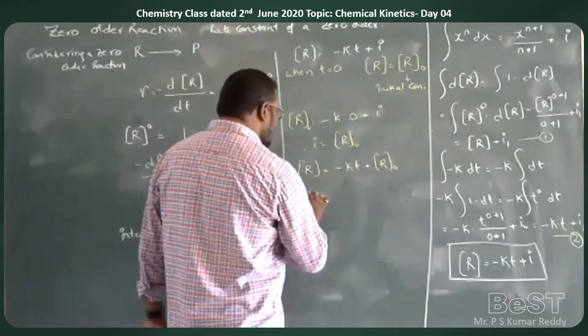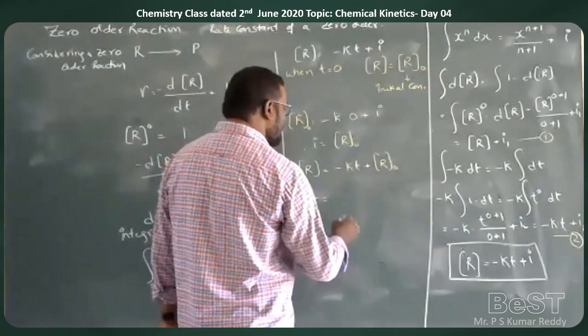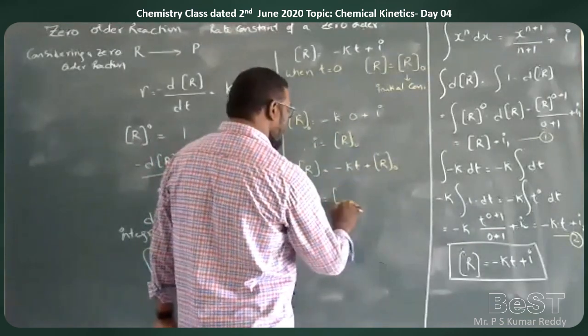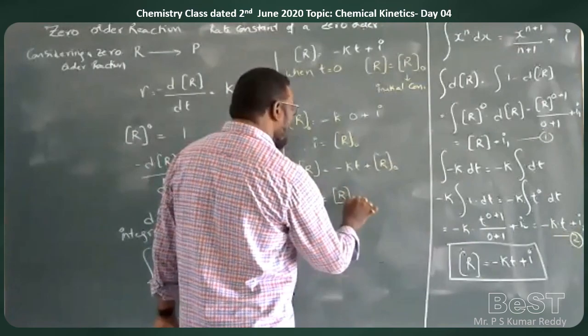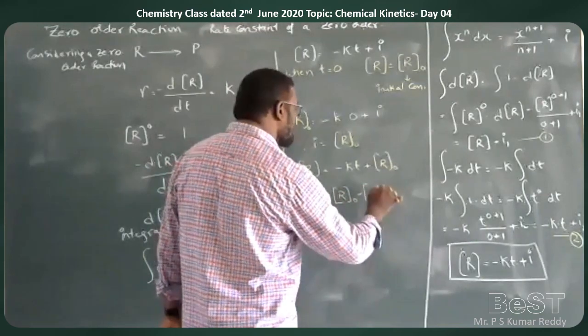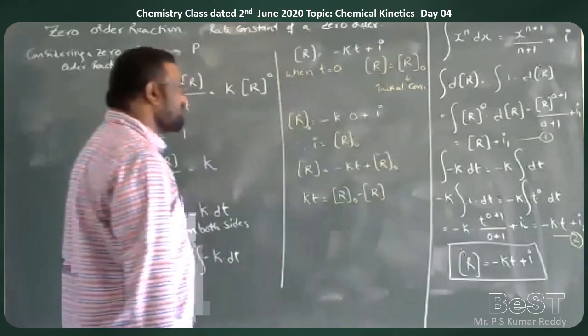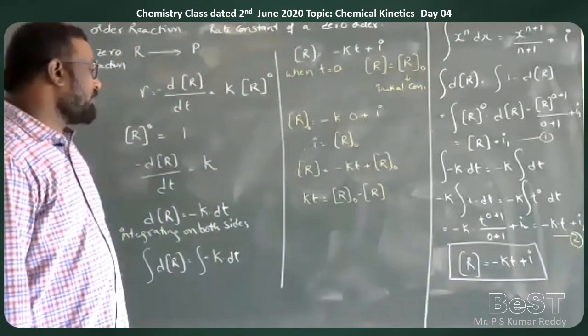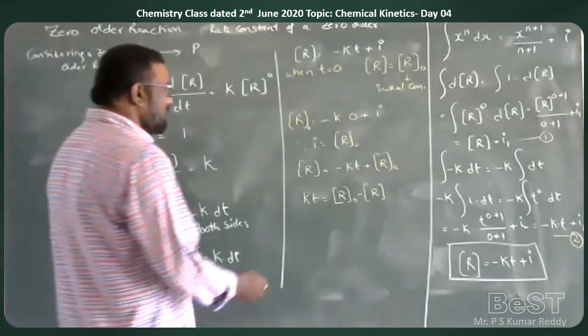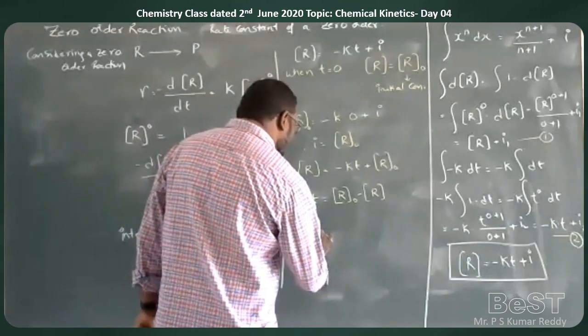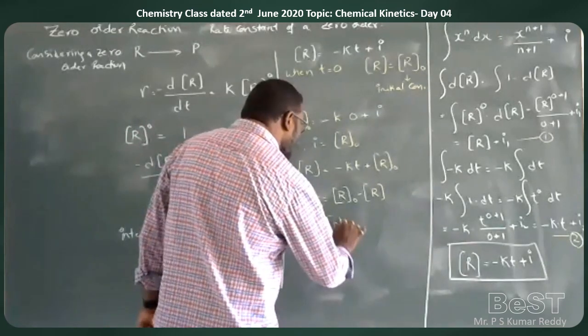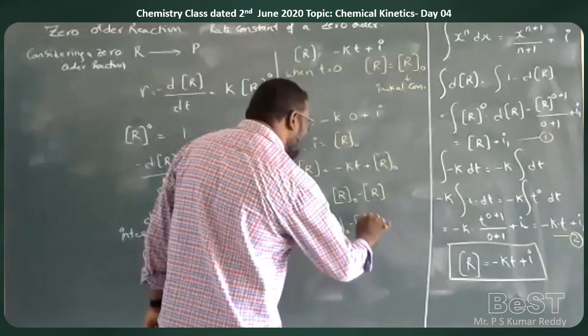So, rearranging, Kt equal to R naught minus r, or K is equal to R naught minus r by t.